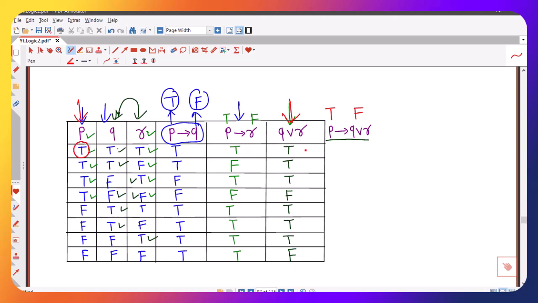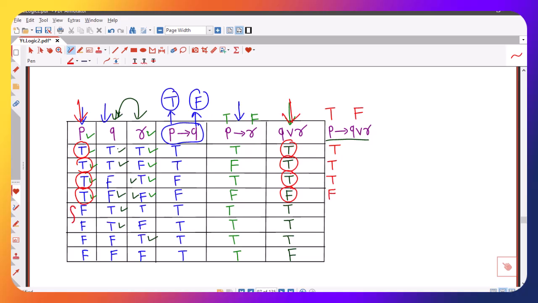Here P is true and Q or R is also true, therefore this is true. Here P is true, Q or R is also true, therefore this is true. P is true, again this is also true, therefore true. Here P is true and Q or R is false, therefore this is false.